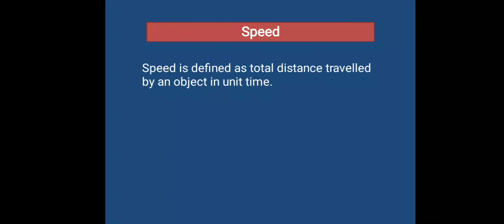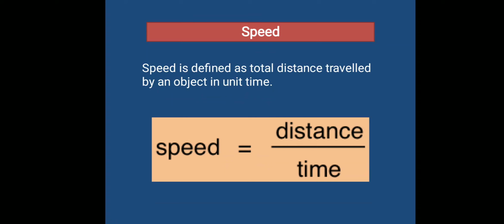So, speed is defined as the total distance traveled by an object in unit time. Therefore, speed is equal to distance upon time.